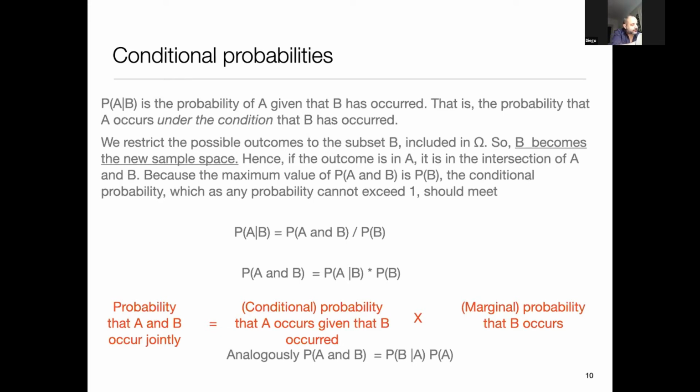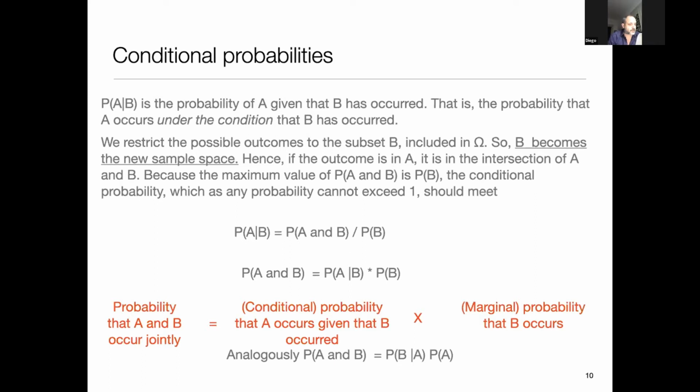Given is this vertical bar, and it conditions your statement to the occurrence of event B. So what we're actually doing here is restricting the sample space omega, that before included all possible outcomes, to just the subset B. If I write P of A given B, I'm effectively saying that B has become the new sample space.